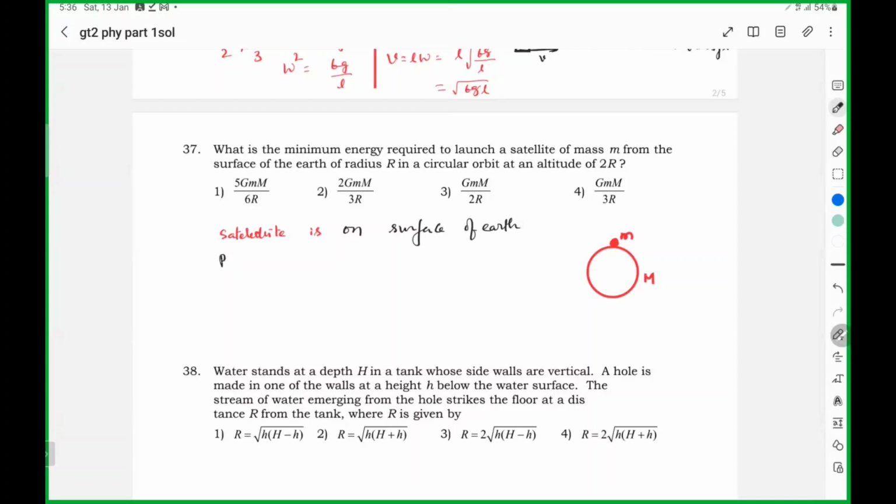Then the potential energy of the system is minus GMm by R, where R is the radius of the Earth.